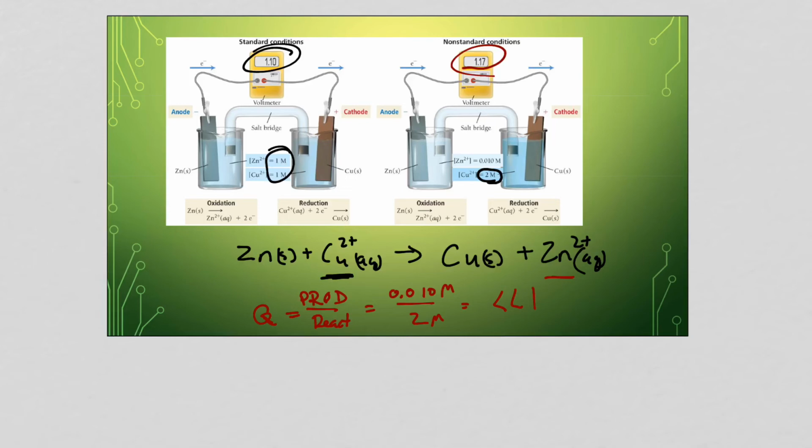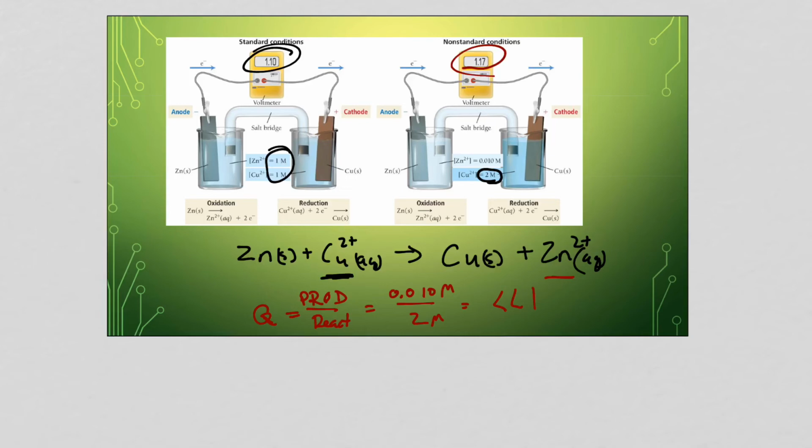Now, without showing another example, we should remember that if we set this up exactly the opposite, with a high concentration of zinc ions, in other words a high concentration of product, and a low concentration of copper, in this case a low concentration of reactant, then our product over reactant would be just flipped, and we'd have a value of Q much greater than 1, right? And we're going to be reactant favored.